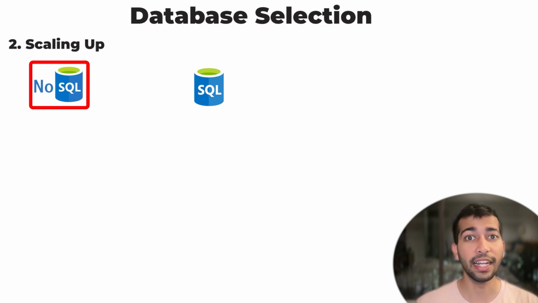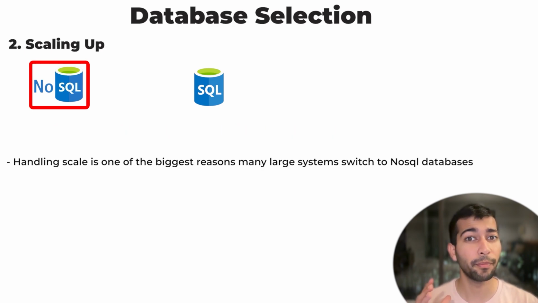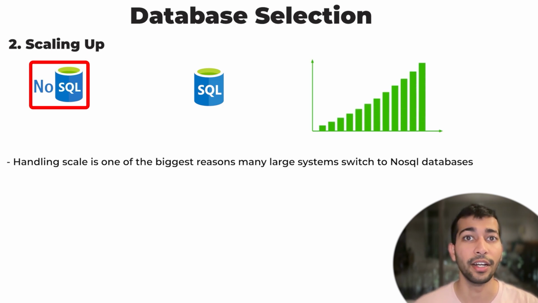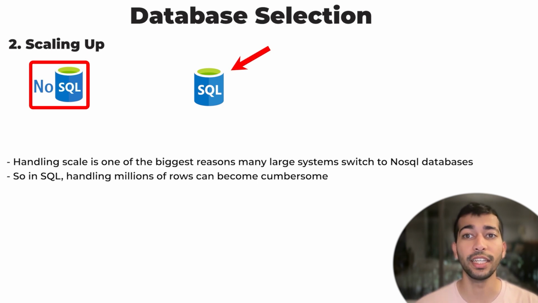Second point, scaling up. Handling scale is one of the biggest reasons many large systems switch to NoSQL databases. Let's say your project starts small, but eventually grows bigger and bigger, like Twitter. It grew exponentially. So in SQL, handling millions of rows can become cumbersome as the data grows.